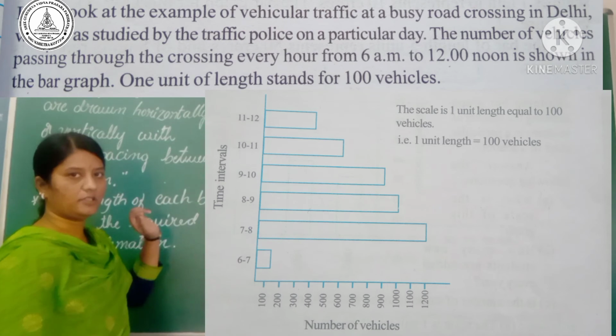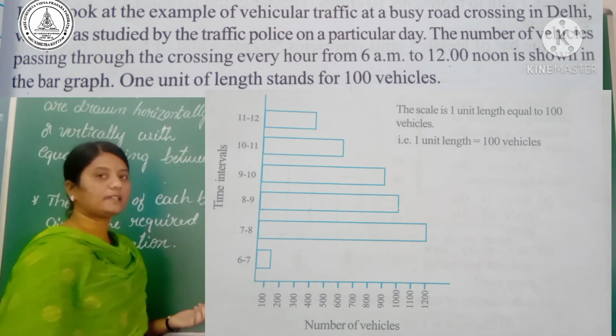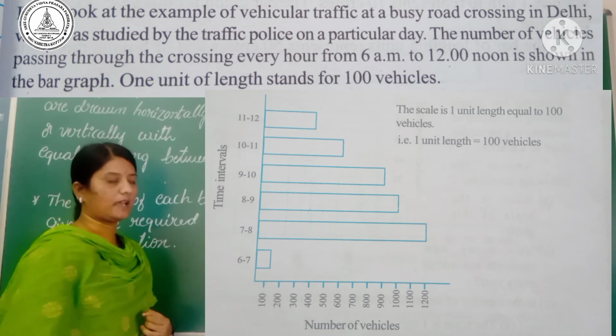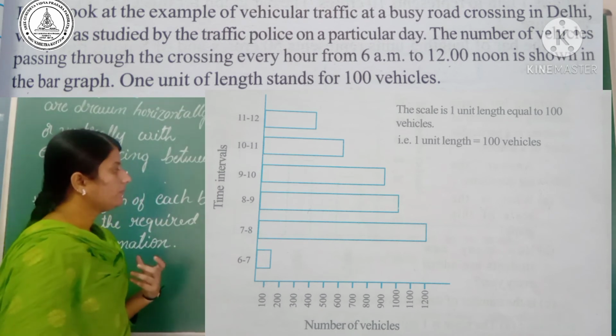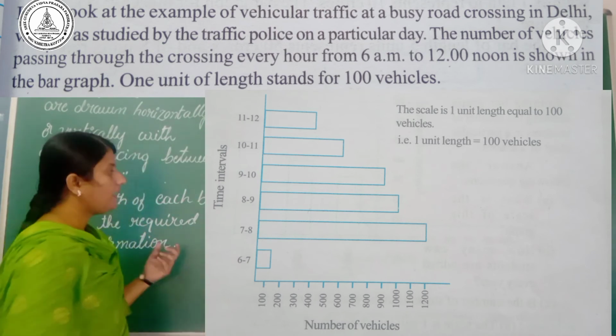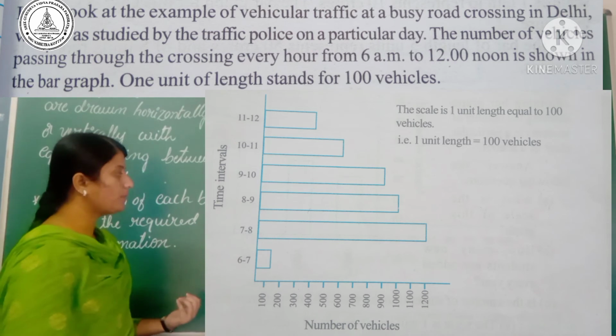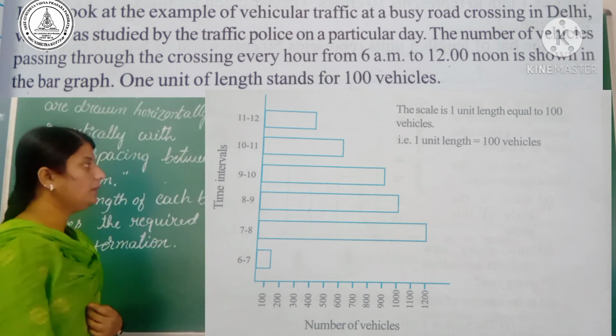By observing this bar graph, we can say that the maximum traffic is at the time interval of 7 to 8 o'clock, right? And the minimum traffic is shown by the small bar, that is at the time 6 to 7 o'clock in the morning.